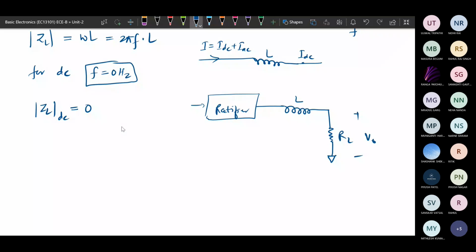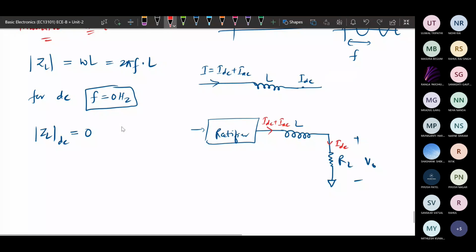If we connect this way, the output will have only the DC component. So here it will be IDC plus IAC, but here it will be only IDC.